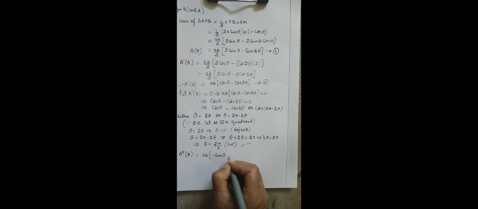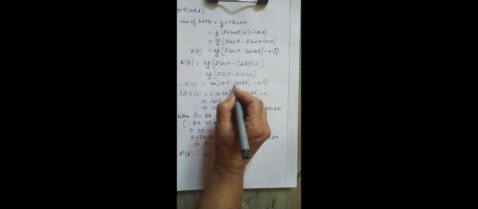Now I will differentiate A theta second time. That means I will differentiate A dash theta for finding the second derivative. So now what will be my second derivative? Now I will differentiate this quantity. It is equal to AB into derivative of cos theta is minus sin theta. Then again derivative of cos 2 theta is negative sin 2 theta, and if I multiply it by this negative, I will be getting positive sin 2 theta, and by chain rule derivative of 2 theta is 2, which will be multiplied.